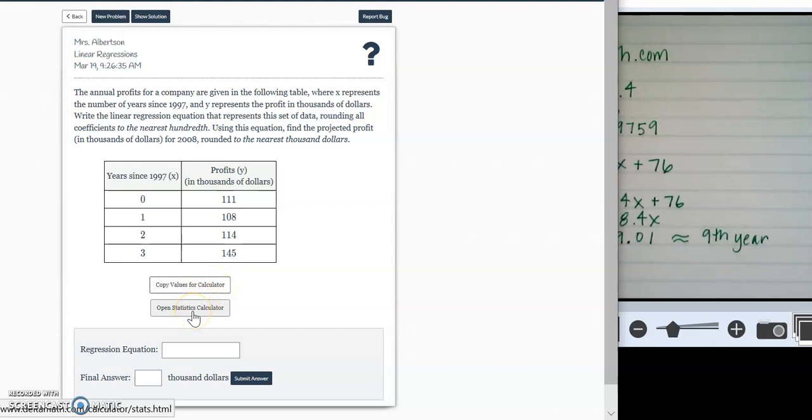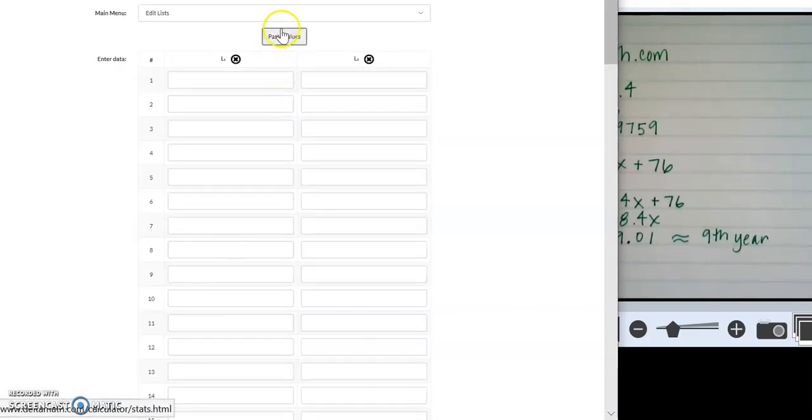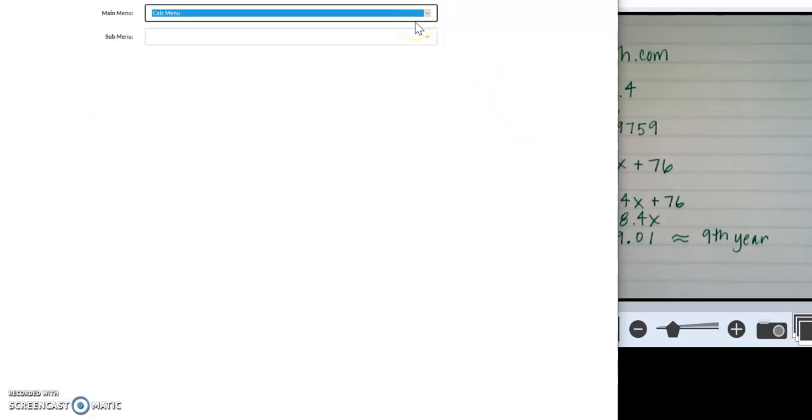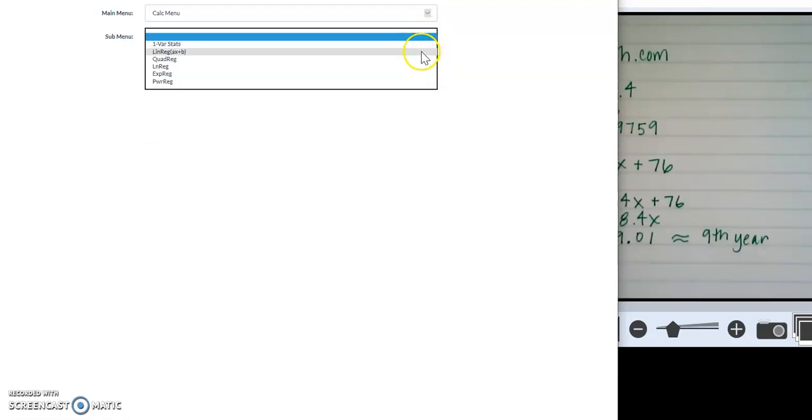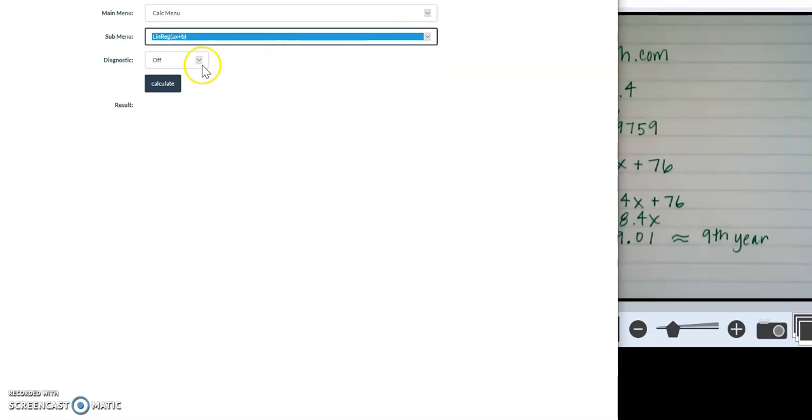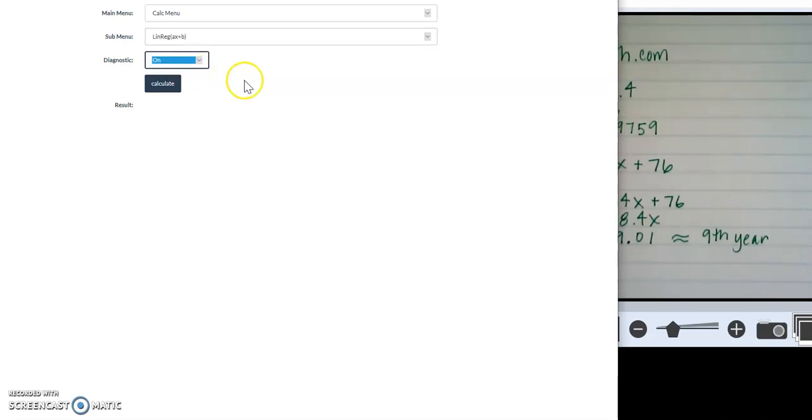First thing I'm going to do is copy the values. Then I'm going to open the calculator and paste those values in there. Then I'm going to go up here and calculate. Again, we're doing a line of best fit, which is the linear regression. The diagnostic is the R value, and then calculate. So here we go. This is the line of best fit.